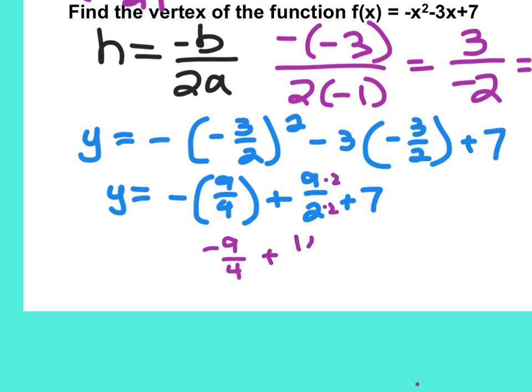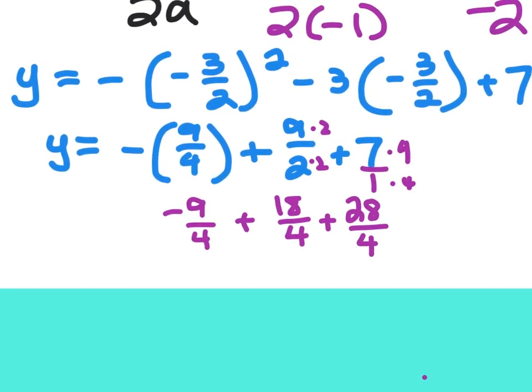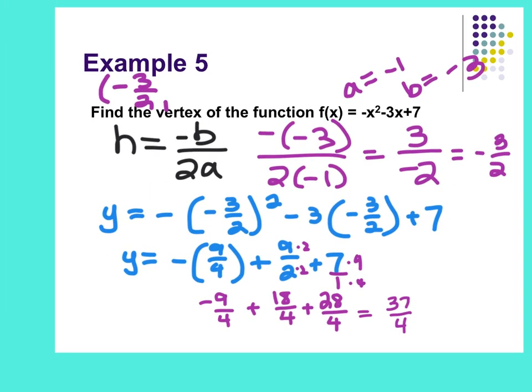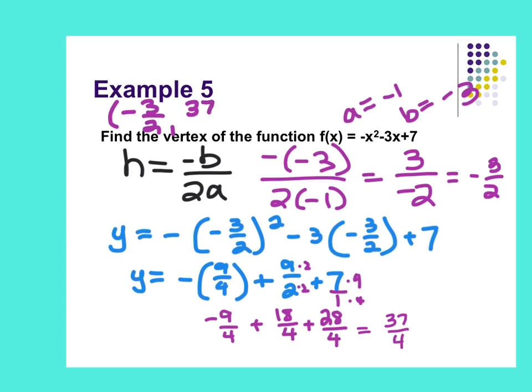So that's 18/4. This would have to get multiplied by 4. So that's 28/4. And then negative 9 plus 18 is 9. Plus 28 is 37/4. And that's the k or the y coordinate of my vertex.